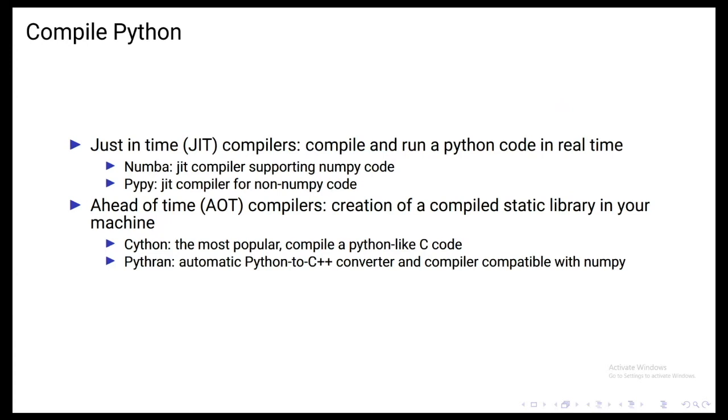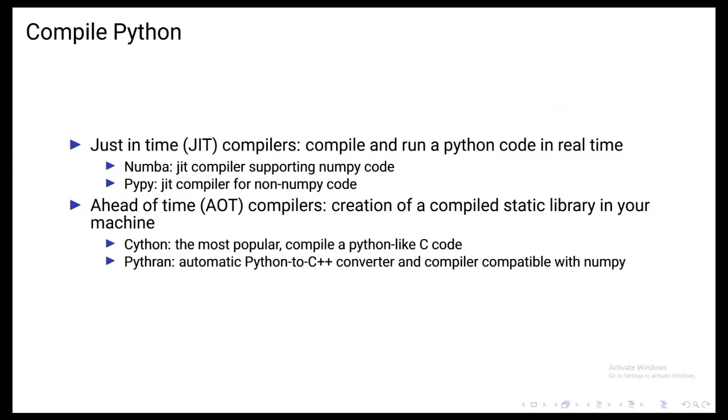We have what are called just-in-time compilers, which, as the name says, will grab Python code and compile it live in real time, and then run it. So when I execute it, it does a fast compilation and runs it at the same time. The two main projects in this area are PyPy and Numba.